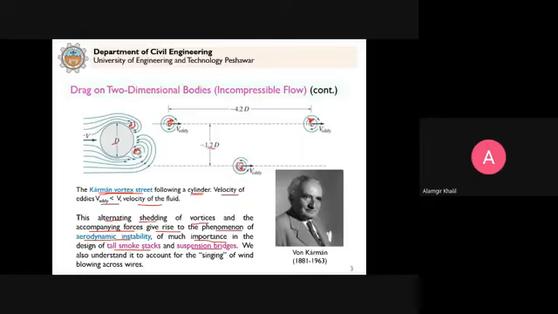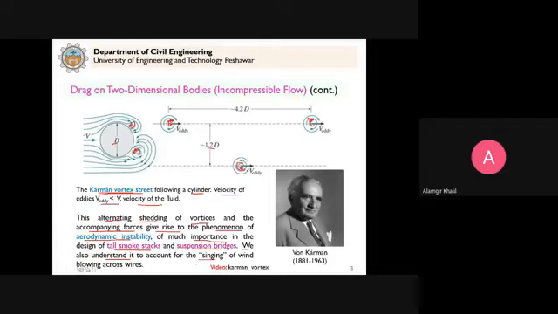Similarly, suspension bridges, we have cables and other components, and the wind flows past these structure components, so it will give rise to this type of phenomenon. And also we understand it to account for the singing of wind blowing across wires. Clear?